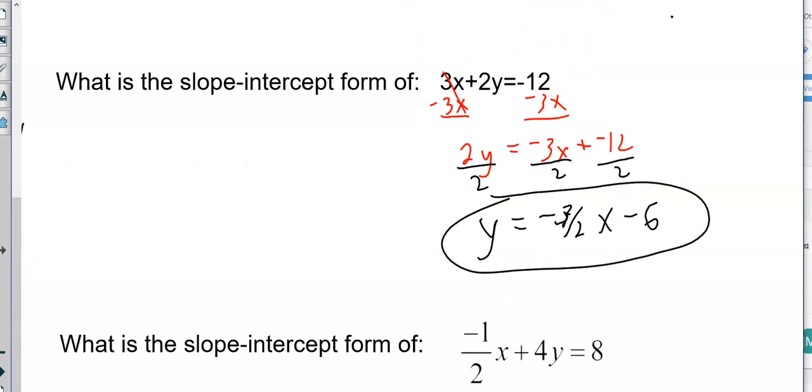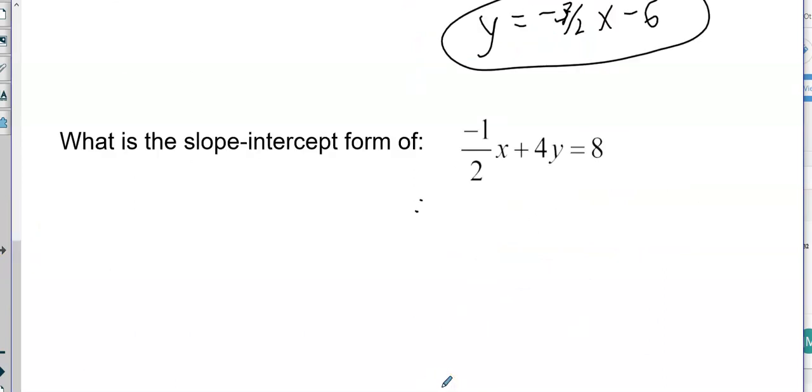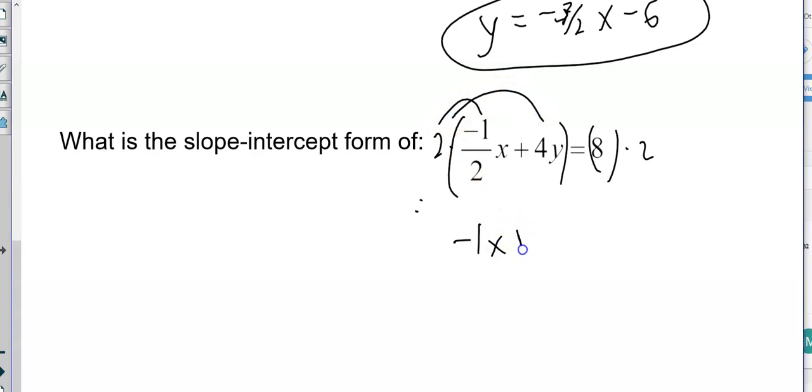Let's try another one. So this one, let's put it in slope-intercept form. You might want to get rid of the fraction here. So you can certainly try that. It's looking a little better.